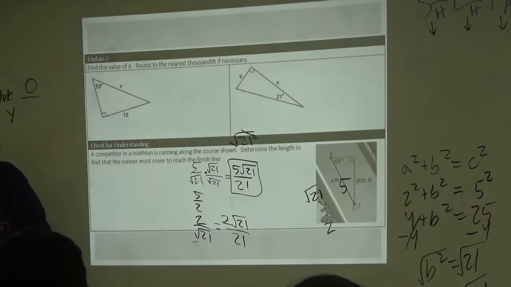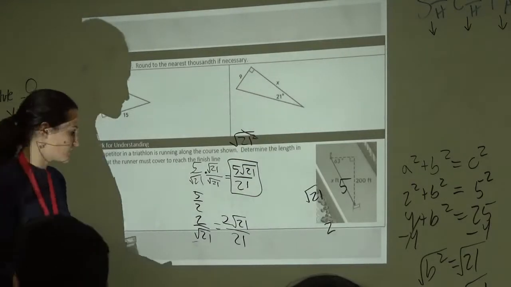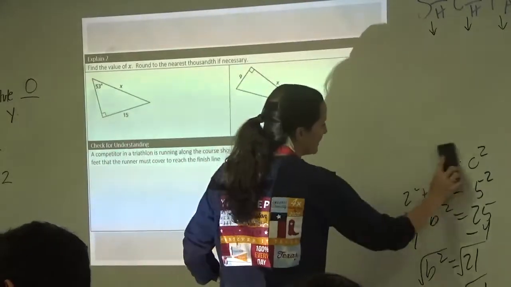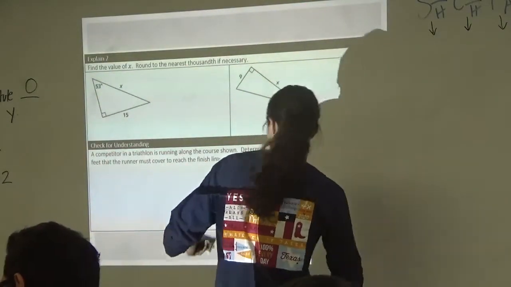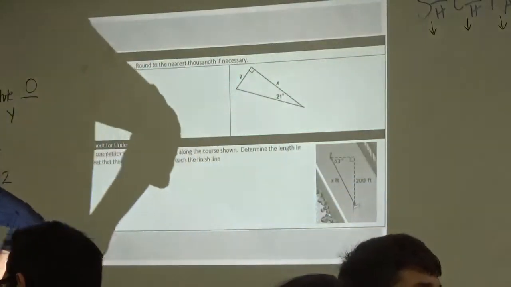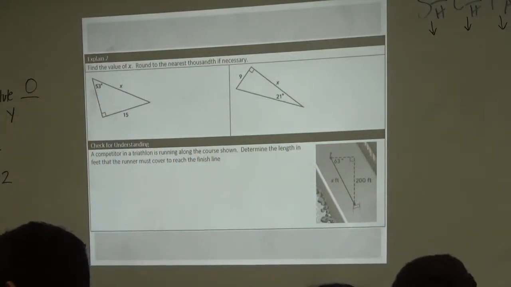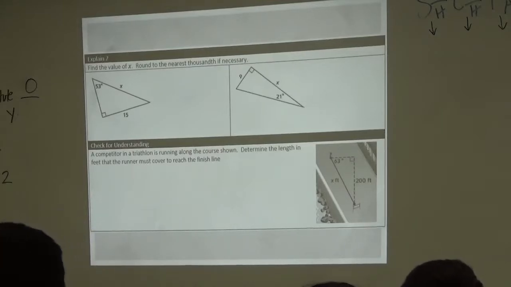Let's move on to when things get a little crazier, when we're solving for a side, and we are given an angle. Nearly there. Okay. We see the triangle. Let's just really quickly figure out what we know. It says find the value of x.